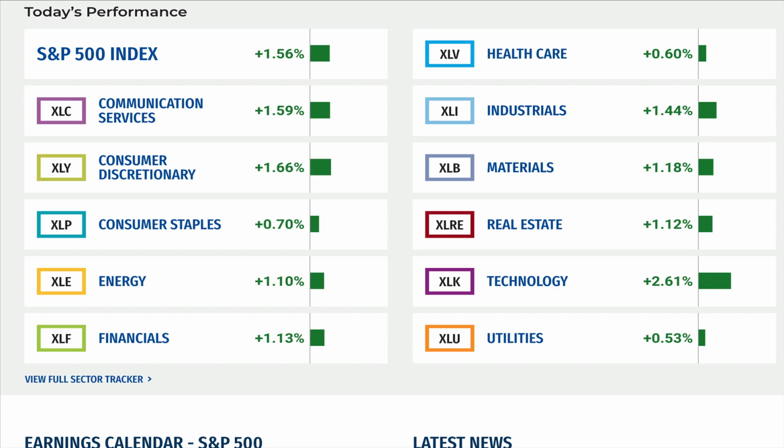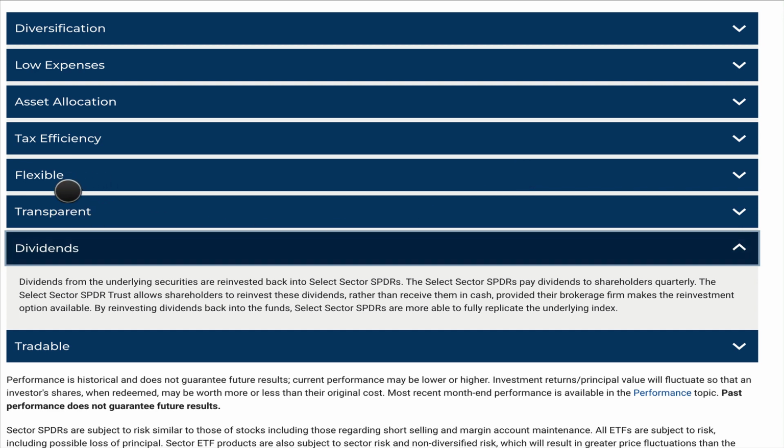For your dividend strategy, if your goal is to get more dividends than the S&P 500, which only pays about 1 to 3%, you can weigh your portfolio more in utilities, more in financials, and more in energy. That way you gain more dividends from these three sectors, while you keep technology lowest, for example, for growth. That's how you can use these to your advantage when it comes to dividends.